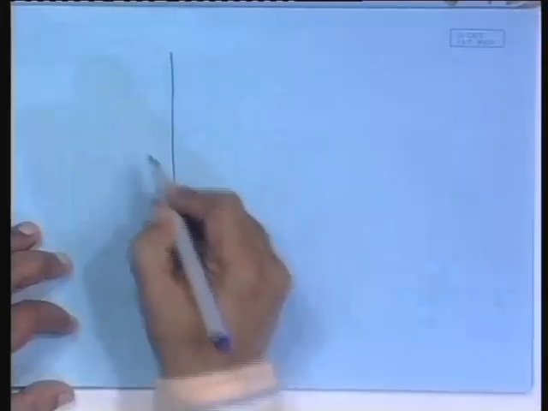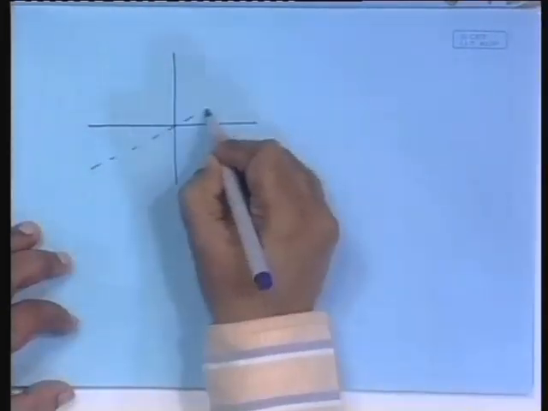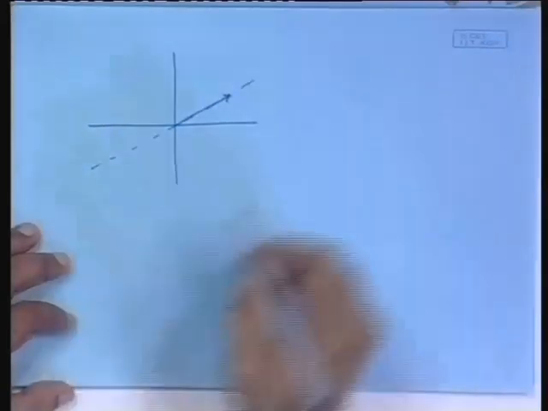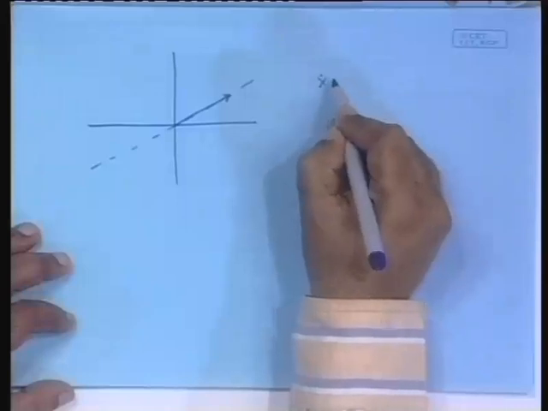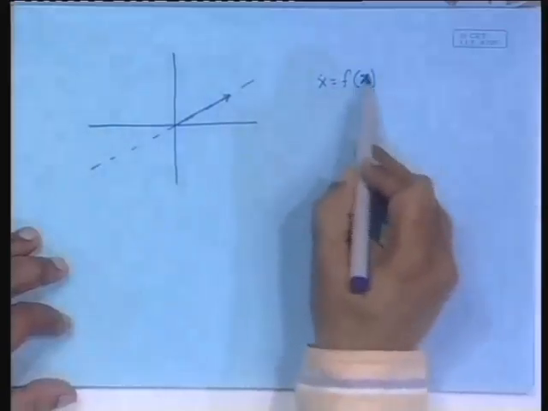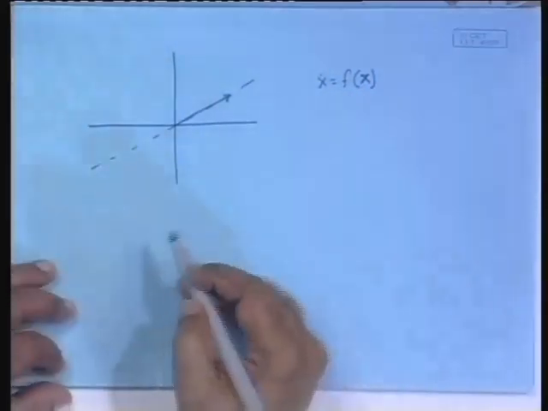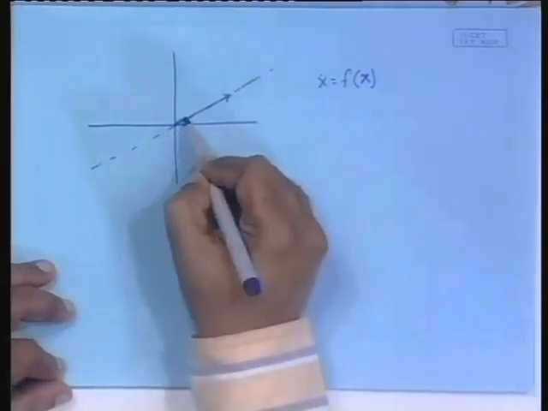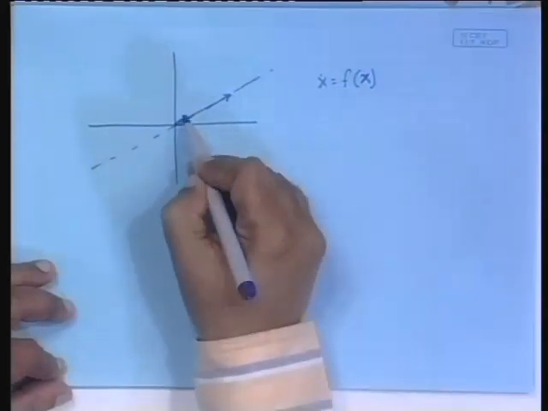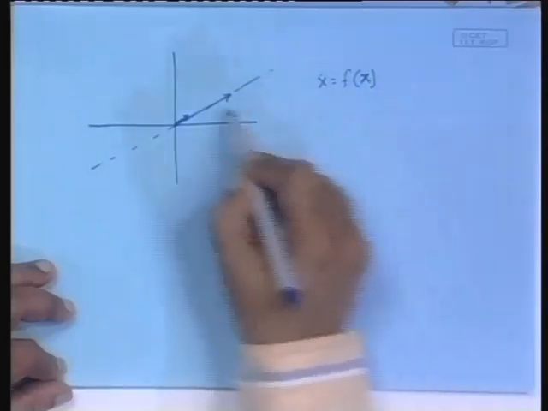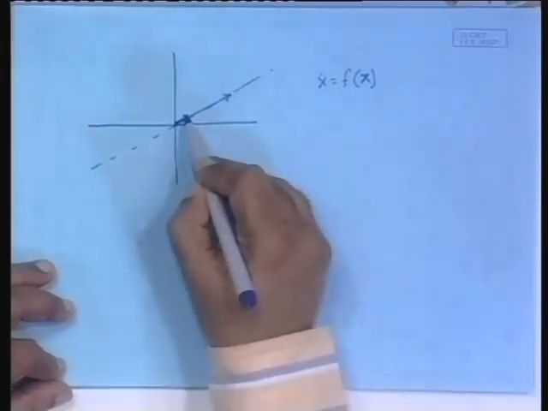Just to briefly recapitulate what we said, in the state space there will be certain directions, the eigen directions, and if you take a vector along that direction, then x dot is equal to f x, that was the equation that we started from. So this would be a linear equation in the right hand side. If this is the eigen direction, then x dot will be in the same direction, that means the x vector times the eigenvalue will be the x dot vector.